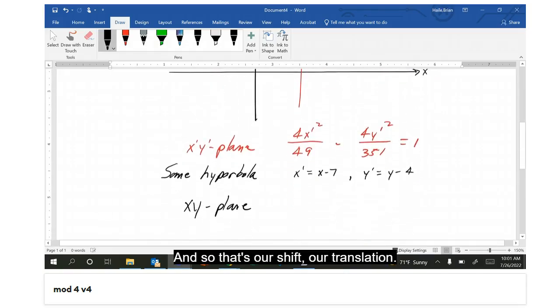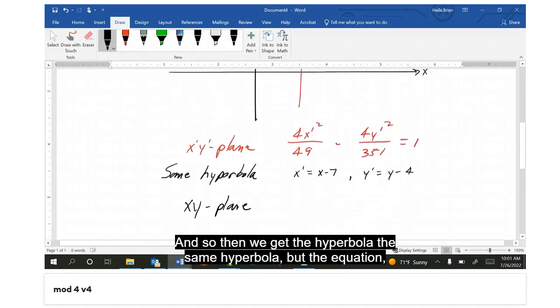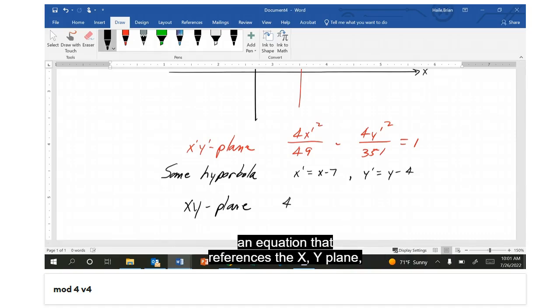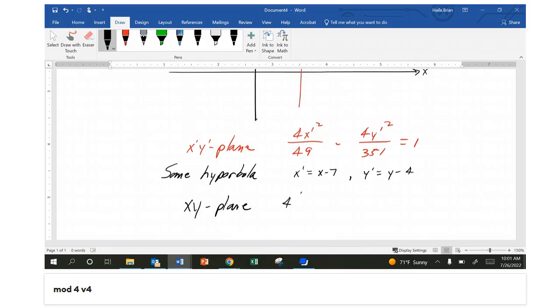That's our shift, our translation. And so we get the same hyperbola, but with an equation that references the XY plane. We get this.